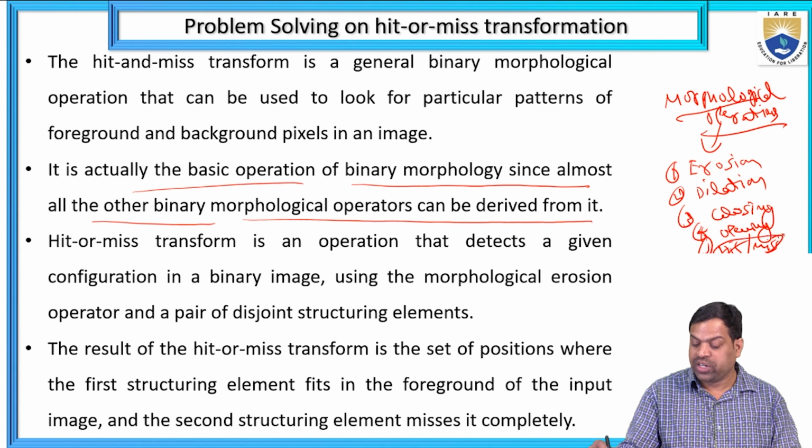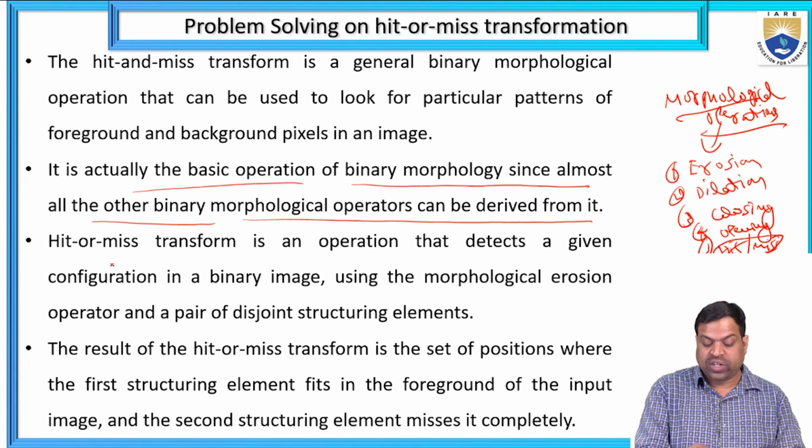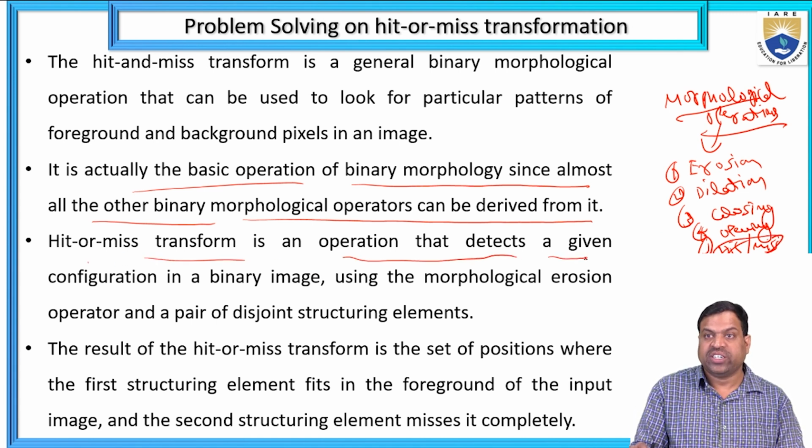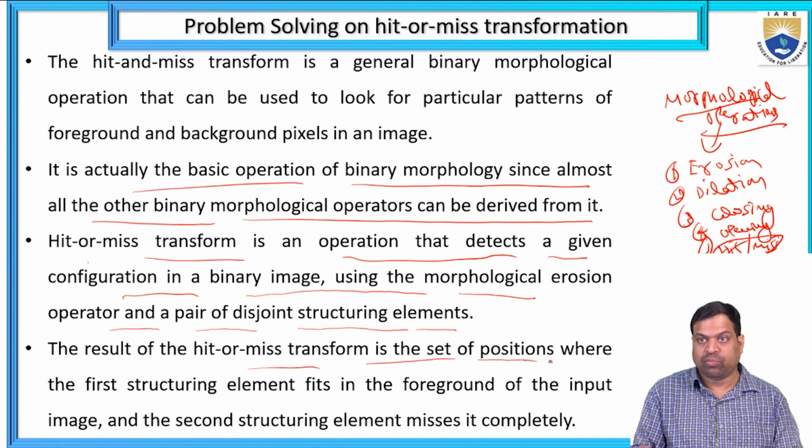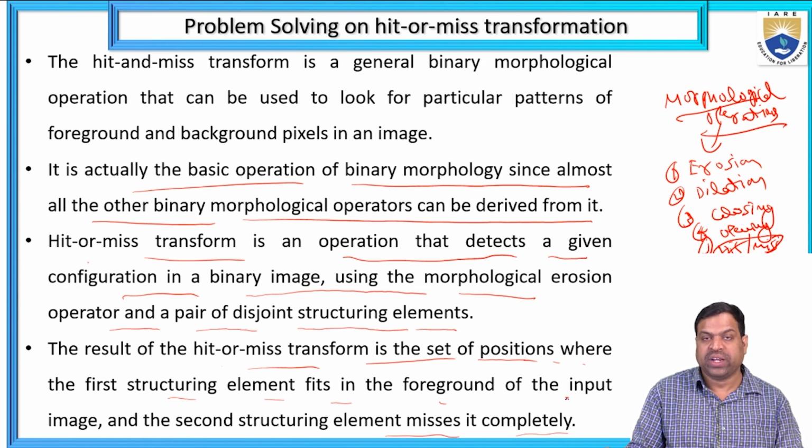Today I am discussing the hit or miss transform. The hit or miss transform is an operation that detects a given configuration in a binary image using the morphological erosion operation with a pair of disjoint structuring elements. The hit or miss transform is the set of positions where the first structuring element fits the foreground of the input image and the second structuring element misses it completely.